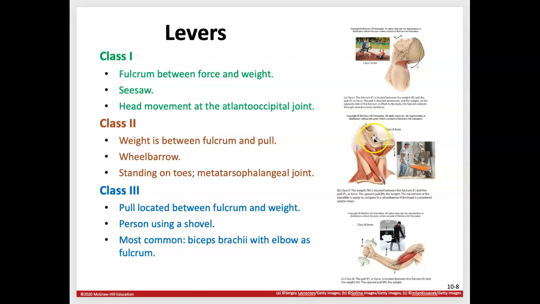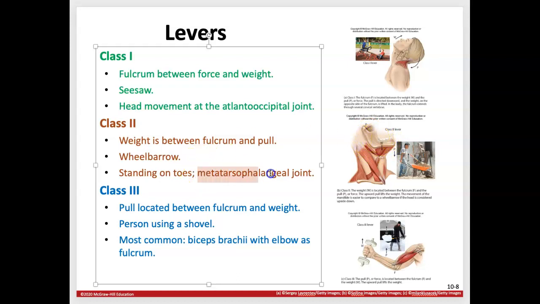And so that is a class 2, but I would probably ask you to tell me this one here, which is the metatarsophalangeal joint, which is at the ankle. Okay, standing on your toes at the ankle, that particular area. So be aware of that. Class 3 would be the elbow, basically bending the arm. So those are your levers.